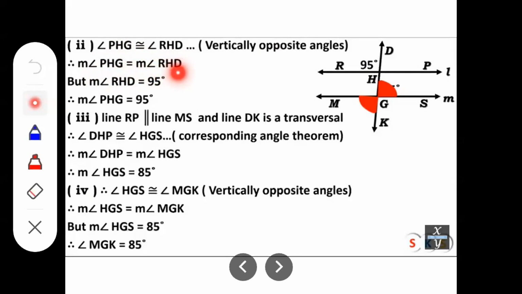So, we know that the measurement of PHG here is equal to measurement of RHD, and RHD is equal to 95 degrees, just as we have found out. Okay, so the angle PHG, its measurement will also be the same. That will be 95 degrees because of this property. Yes.